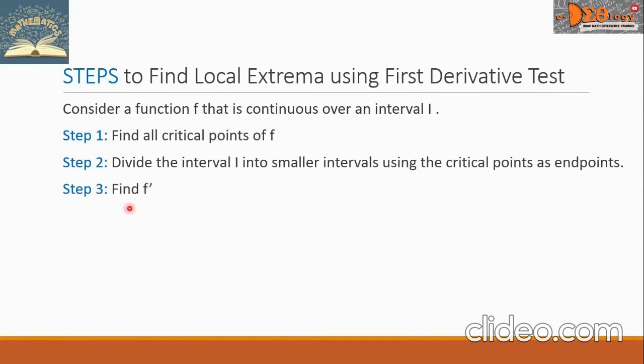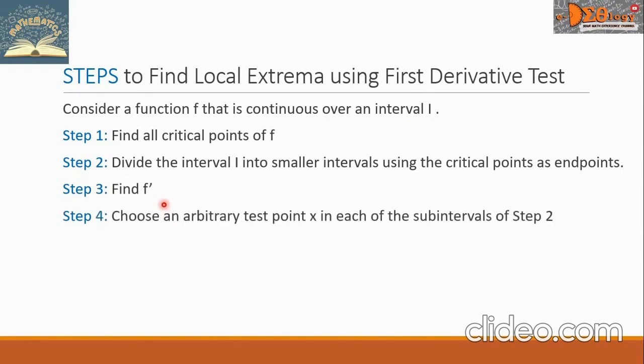Step 3. Find f prime, or the derivative of the function. Step 4. Choose an arbitrary test point x in each of the sub-intervals of step 2, and evaluate f prime on those test points.